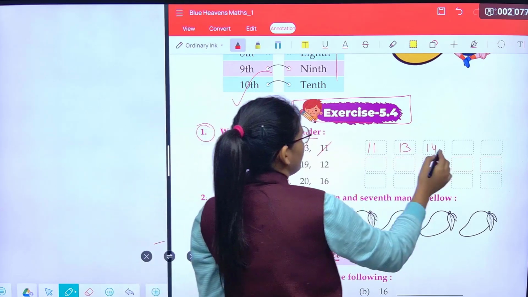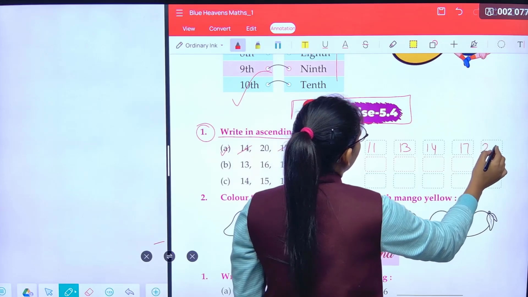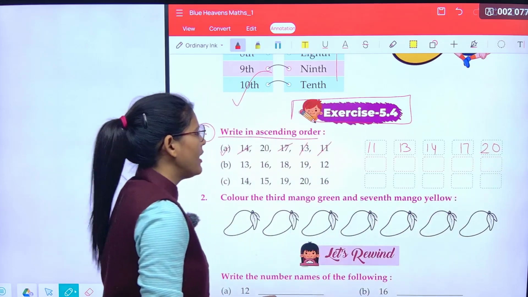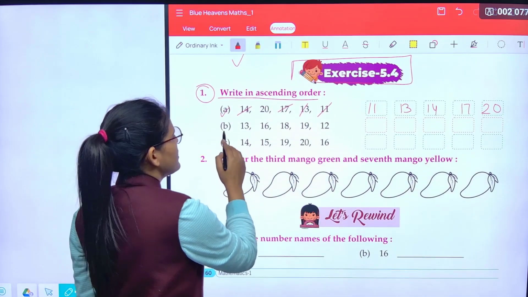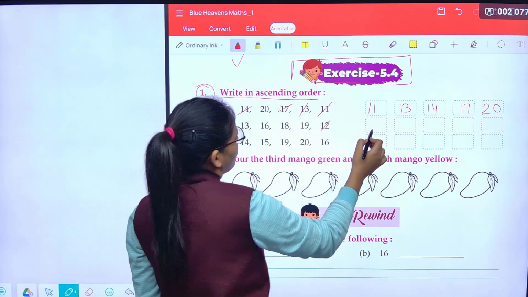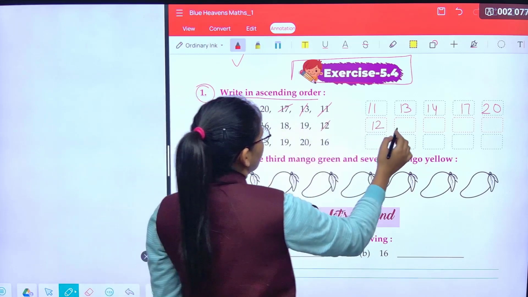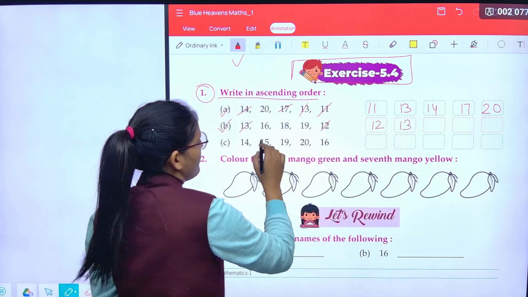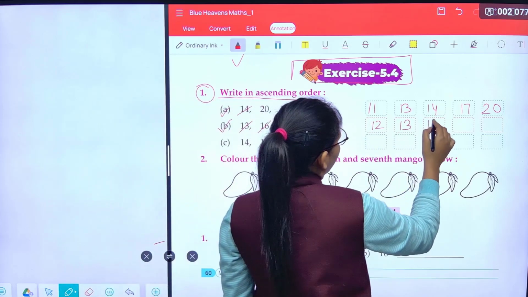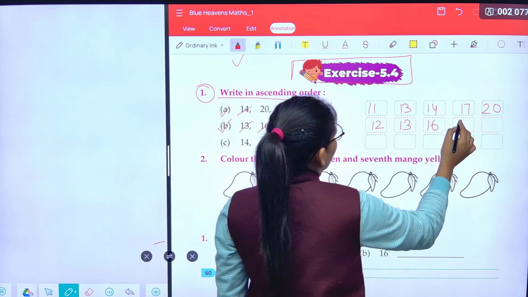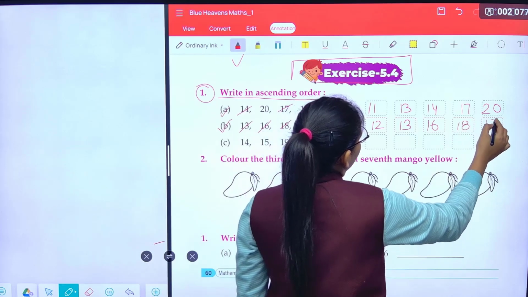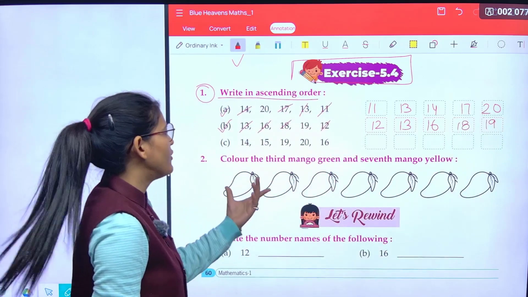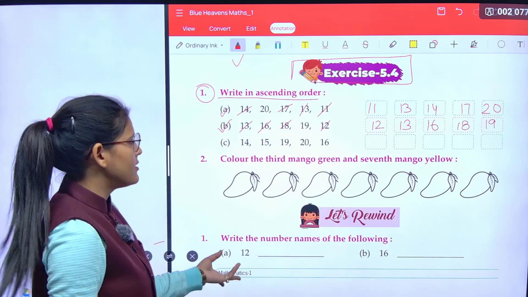Now 17. 20. Okay. Now again, which number is smallest? It is 12. Now 13. Tell me, 16. 18 and 19. Understand class? Rest of the part do yourself class.